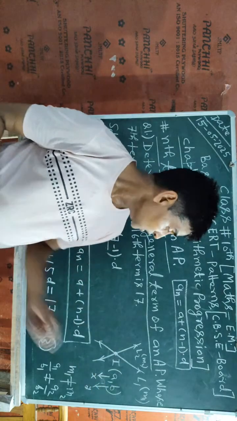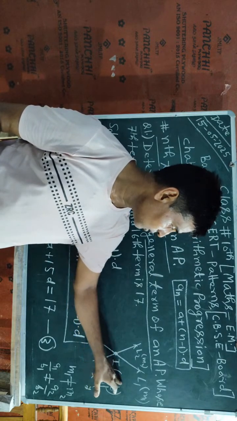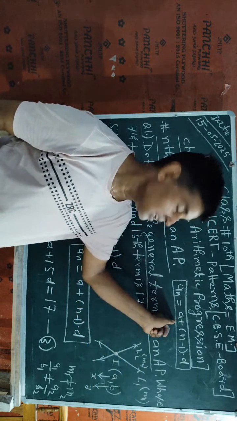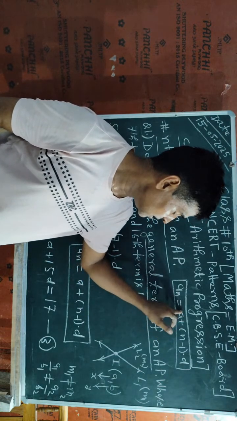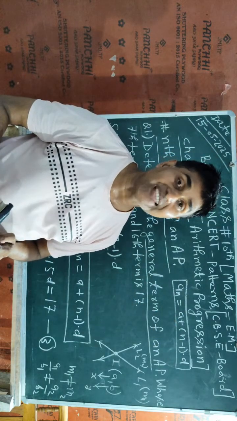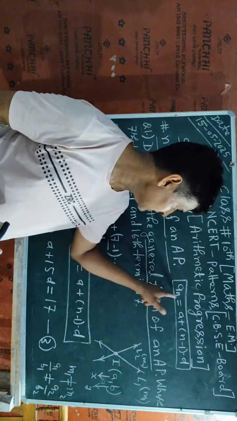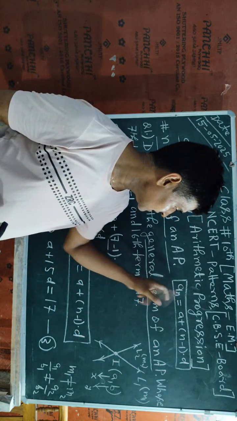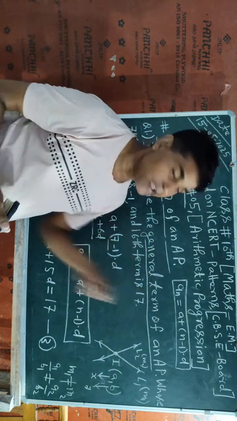Okay, student. After getting the intersection point, the value of a and the value of b, I will substitute in the nth term. After putting the value of a and b, I will find the last term of an AP series. The last term of an AP series is the nth term, also known as the general term of an AP series.